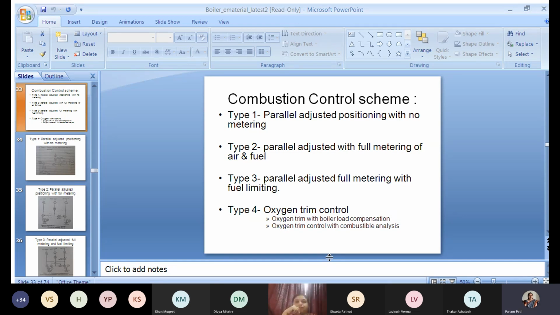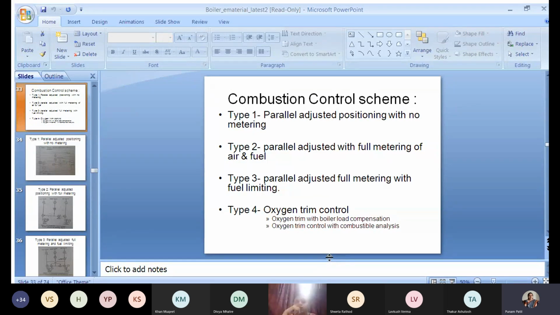So here type 1, type 2, type 3 and type 4, ये चारों control scheme जो है, these control schemes are used to obtain the objective. What is our objective? To control the combustion. Combustion control करना है मतलब क्या करना है? 3 objective control करने हैं.